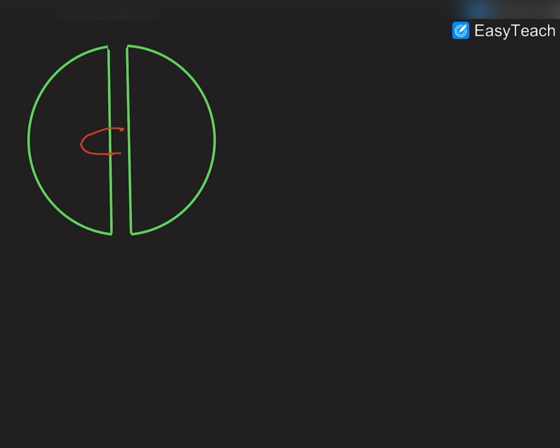We know that R is momentum upon QB, but we also know that momentum is under root of 2m into kinetic energy, by QB.